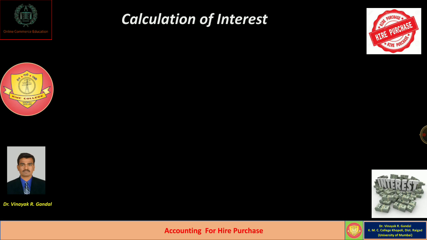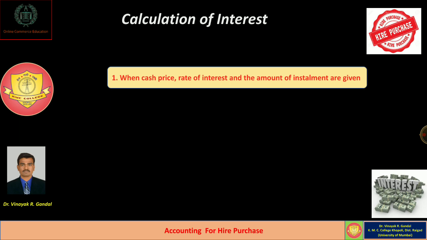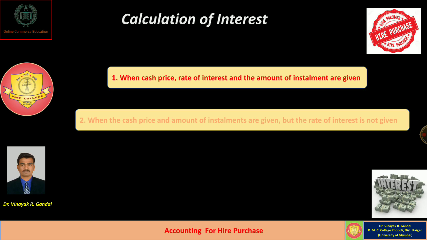Okay, so calculation of interest is an important step of the hire purchase system. Normally there are two circumstances in which interest is to be calculated and recorded in the books of account.